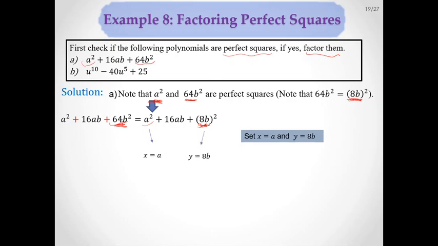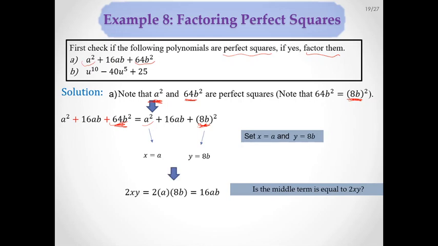Then we will check: is the middle term equal to 2xy? Now let's check it. 2 times a times 8b is equal to 16ab. So we have 16ab, and this is what we have in the middle term. So in this case, we say yes.